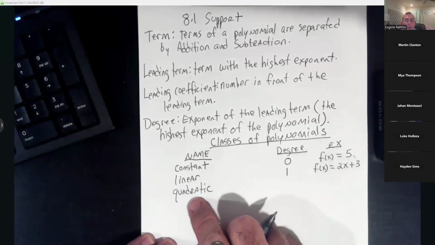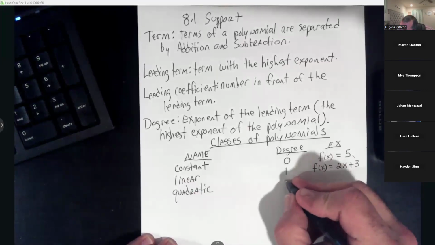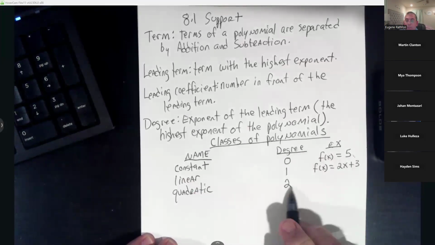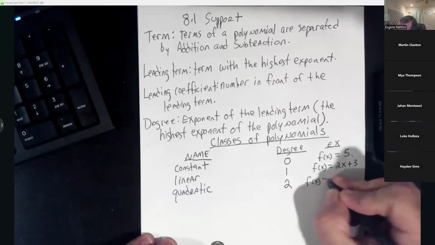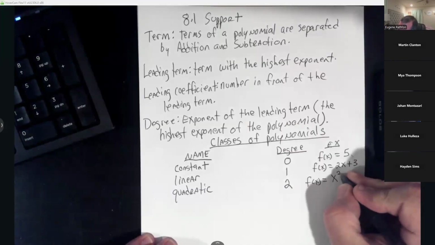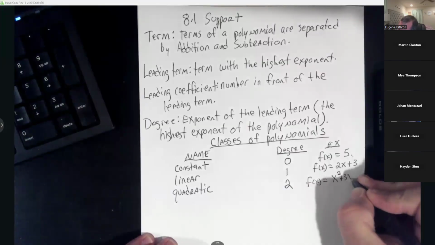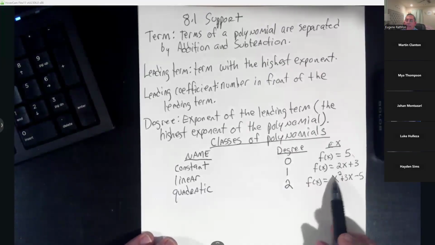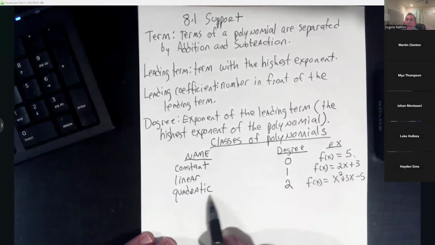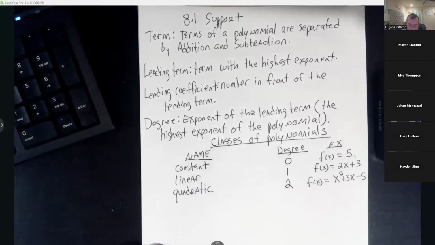Quadratic. Well, y'all, we know what degree the quadratics are. We got quadratics from our x squareds. So those exponents were 2. That could be f of x equals x squared plus 3x minus 5. Highest exponent is a 2, making that quadratic.